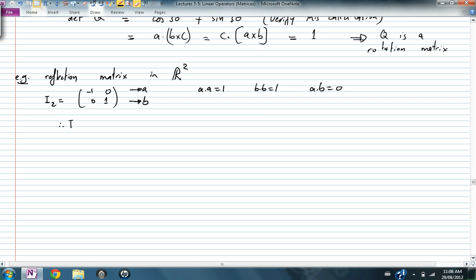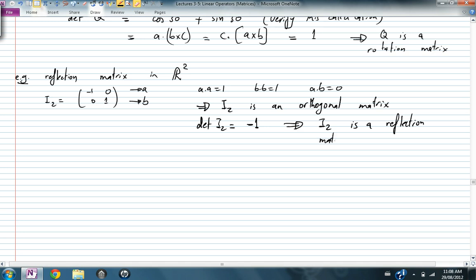Therefore I2 is an orthogonal matrix. But the determinant of I2 is equal to -1. I2 is a reflection matrix.